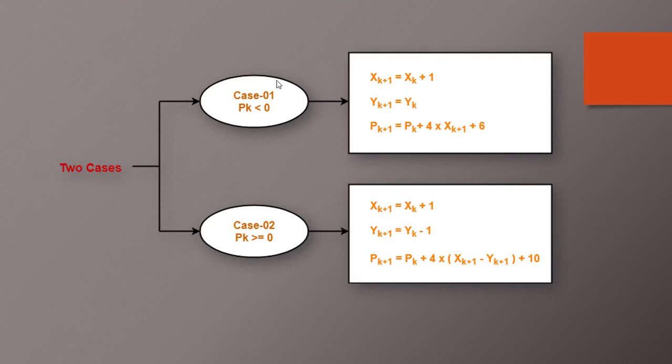First case, if pk is less than 0, then xk plus 1 equals xk plus 1 and yk plus 1 equals yk, and the new decision parameter is pk plus 4 times xk plus 1 plus 6. In the second case, if pk is greater than or equal to 0, then xk plus 1 equals xk plus 1, yk plus 1 equals yk minus 1, and the new decision parameter is pk plus 4 times (xk plus 1 minus yk plus 1) plus 10.